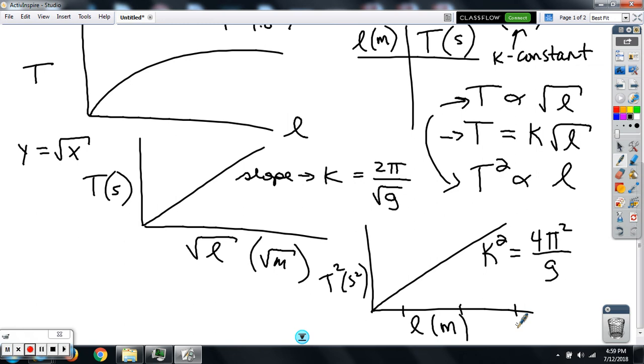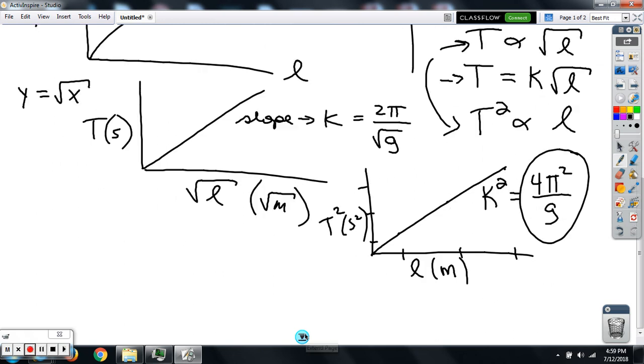There are various different lengths, and I've taken the time that it takes to swing back and forth, and I've squared those values and plotted them against the length, and you get a straight line that produces a slope, which is equal to this quantity right here. So in this case, the actual value I get, if I did lin reg on my calculator, is a slope that equals 4 pi squared over g.